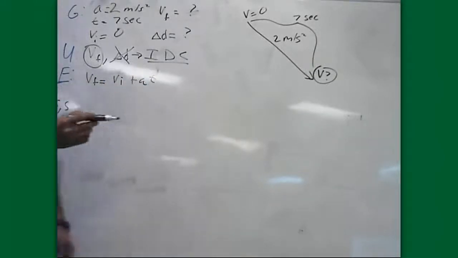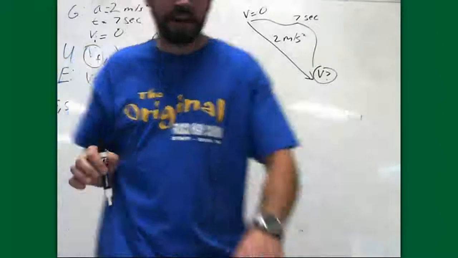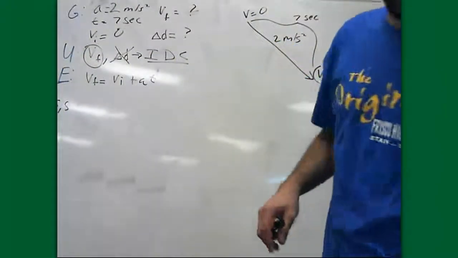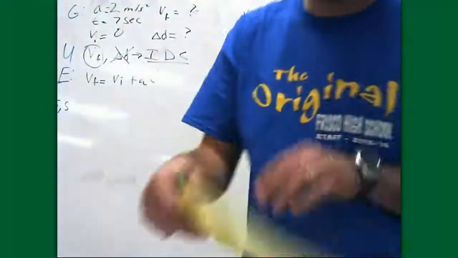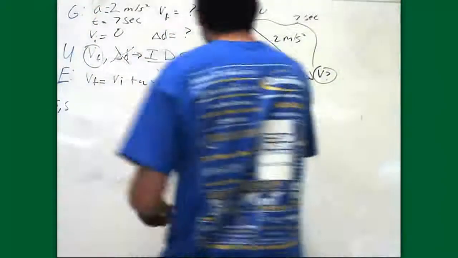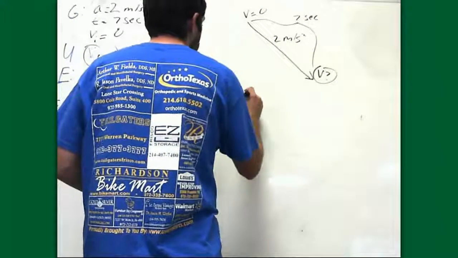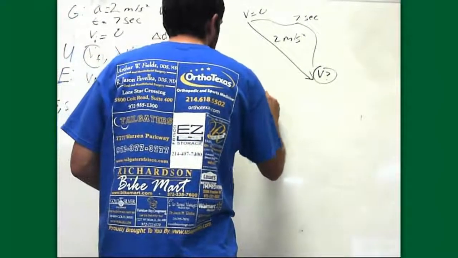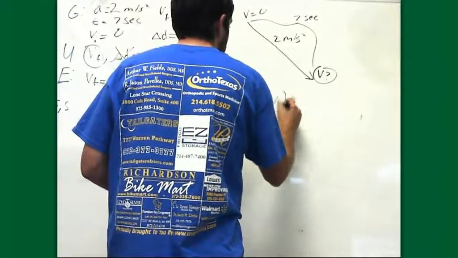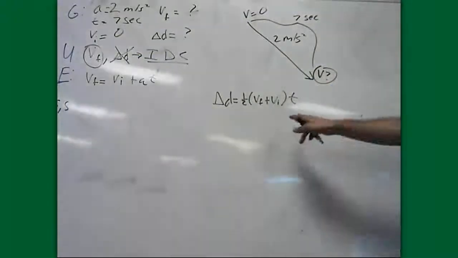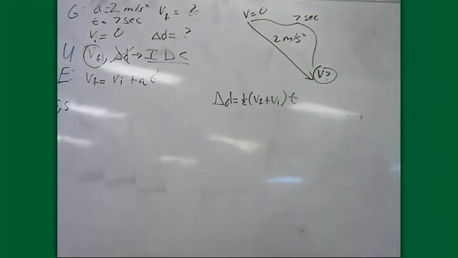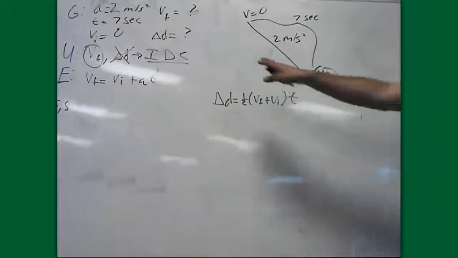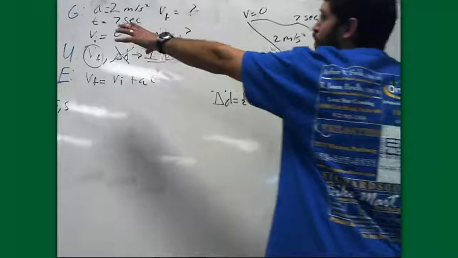Now I want to show you something. And don't write this down if you're writing. But I want to show you that let's say that you looked here on your equation chart and you thought, ooh, number 2 has VF in it. Let's do number 2. Well, number 2 says delta D equals 1/2 (VF plus VI) times T. Okay, there's equation number 2. So we're going to plug everything into that we know, everything that we have up here at the top. So plug in. Here we go.